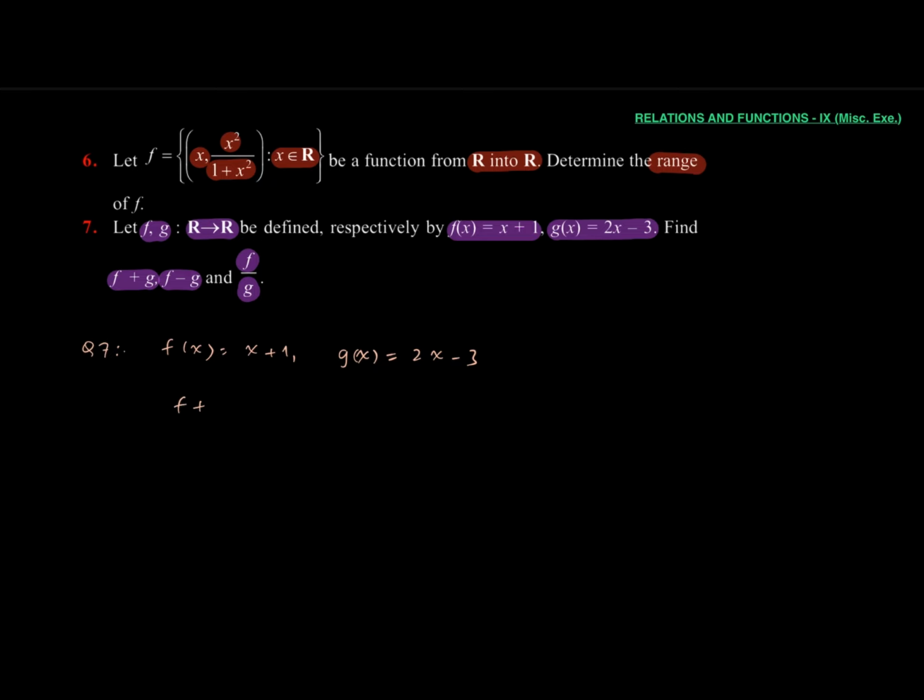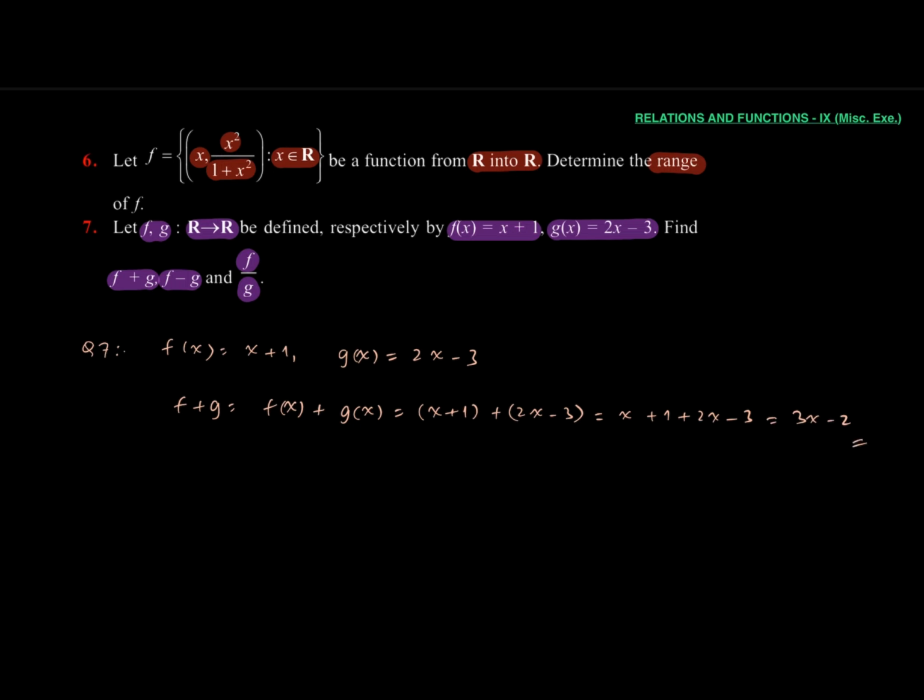Now what will be f + g? This will be equal to f(x) + g(x), and this will be equal to x + 1 + 2x − 3. This will be equal to x + 1 + 2x − 3, and that will be equal to 3x − 2.